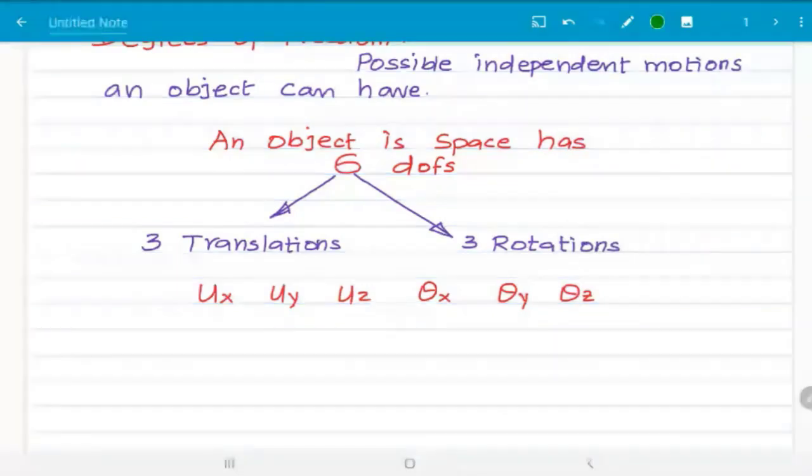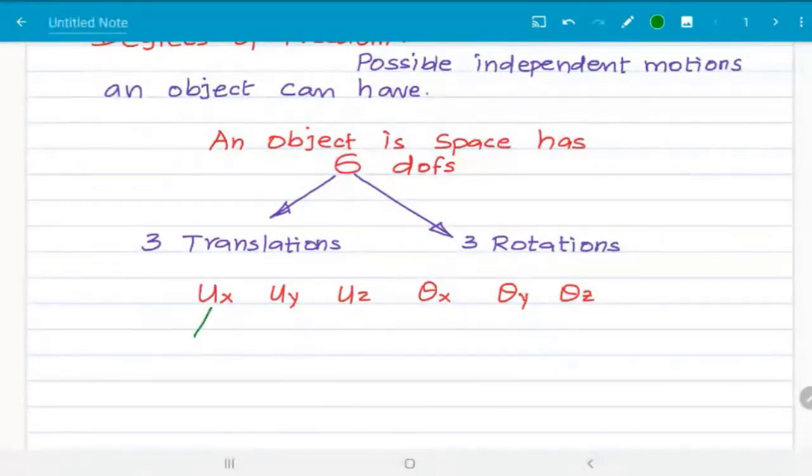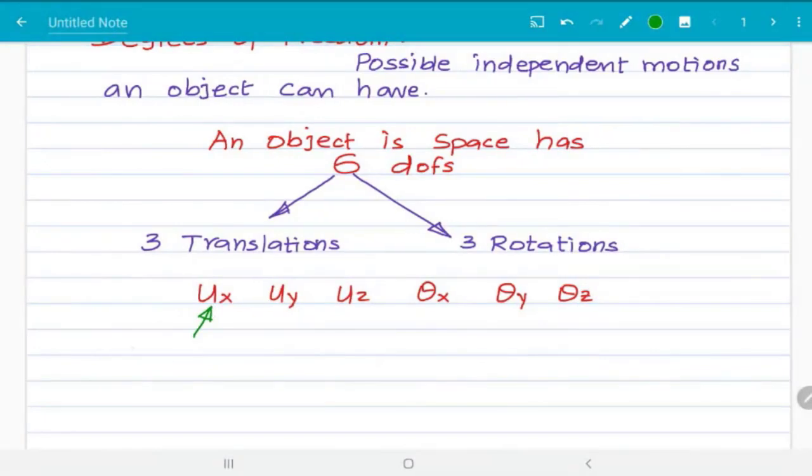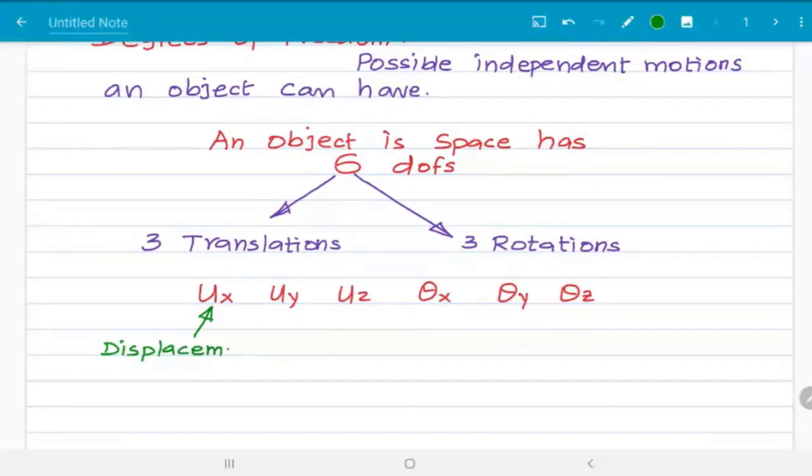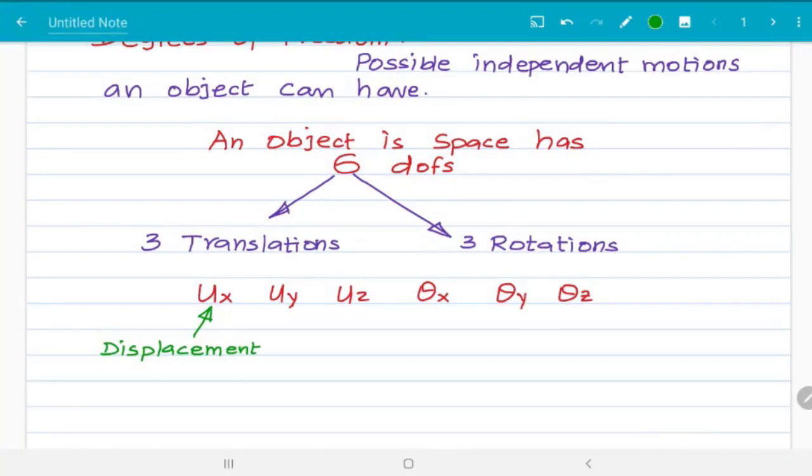For ux, already you have answered: displacement along x-axis or x direction.